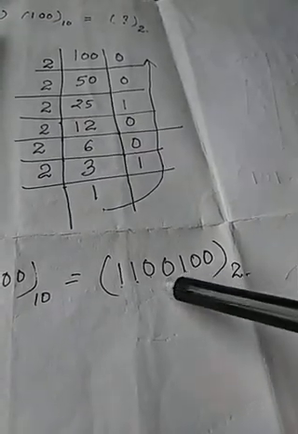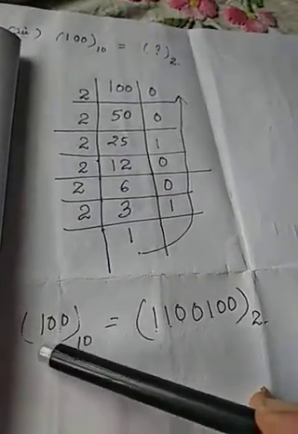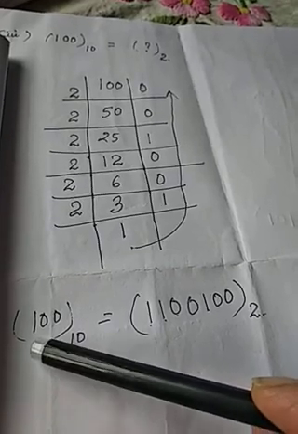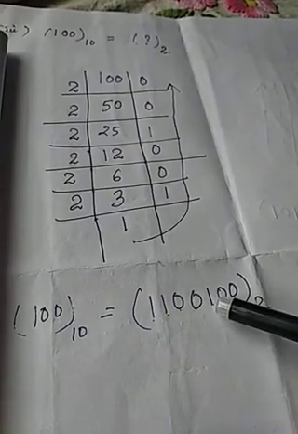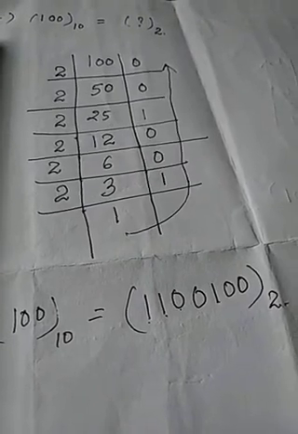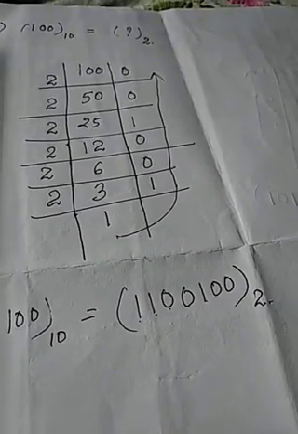So this is the binary equivalent of 100. Binary equivalent of decimal 100 is 1100100. There are a few questions given in your book.